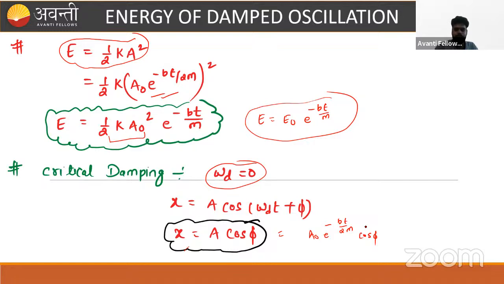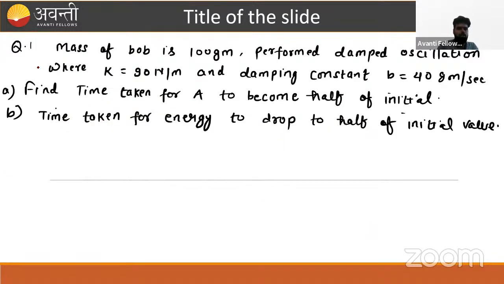Okay, beta. This is a question based on damped oscillation. How can we solve this problem? We have to understand how. First of all, we have to listen and read the problem carefully. A bob of mass 100 gram performs damped oscillation. This is the key point.